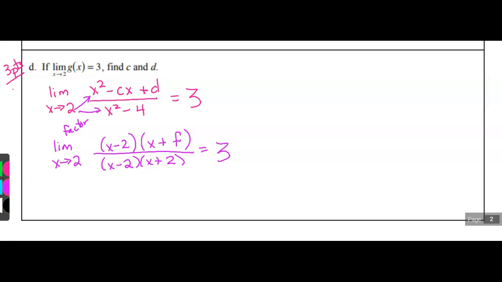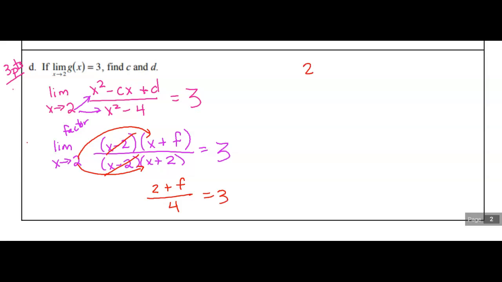So now we can act like we want to apply the limit for x. These would cancel, and then I'm going to apply my value of x equals 2. So I get (2 plus f) all over (2 plus 2). And then I want to solve that, so multiply by 4. And so f equals 10. Now, remember, f is something I came up with.